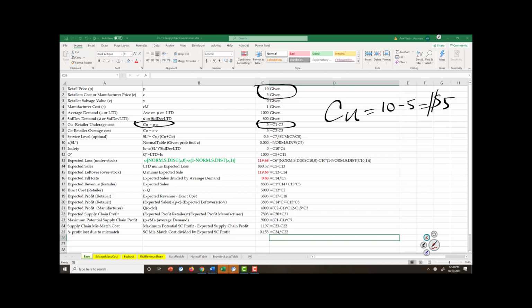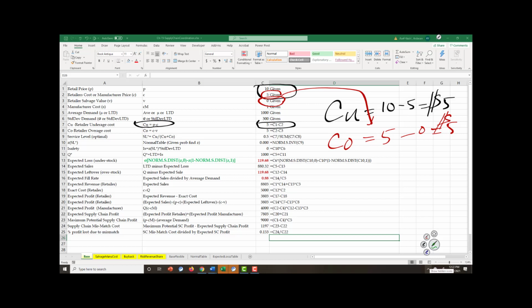If the retailer has the product, but the demand is not there, then we have an overage cost, and that is simply the purchase price minus the salvage value of that product, and that is equal to $5. Underage cost is $5 if demand is there but we do not have the product. Overage cost is $5 if we do have the product and demand is not there.